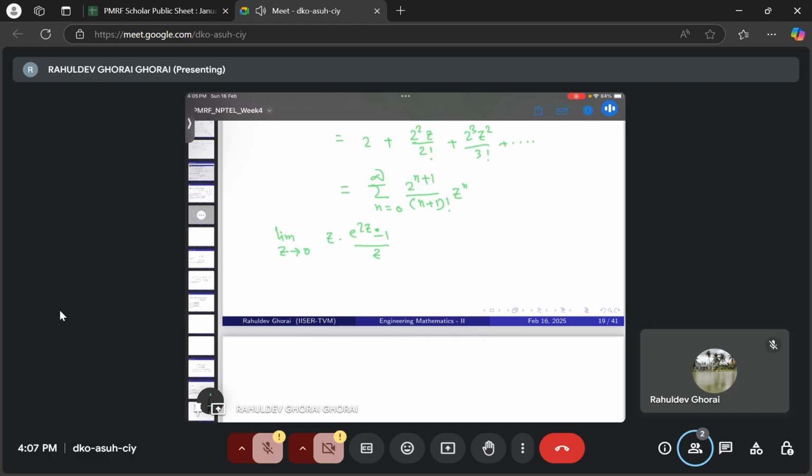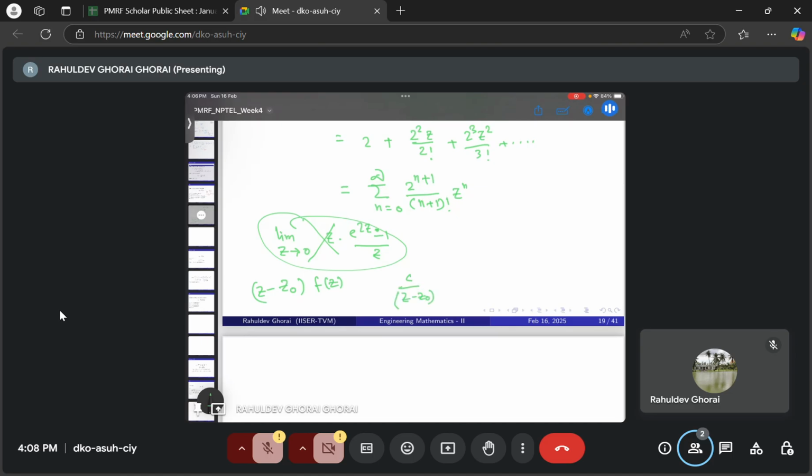For a simple pole, what do you do? For a simple pole at z naught, you try to find out whether (z minus z naught) times f(z) is an analytic function or not. Alternatively, what we need to check is whether its principal part is some c over (z minus z naught).